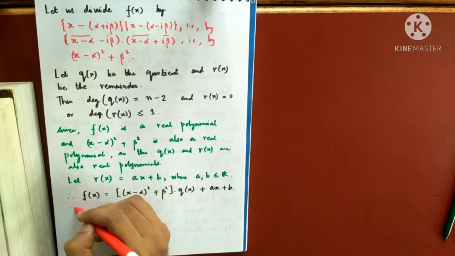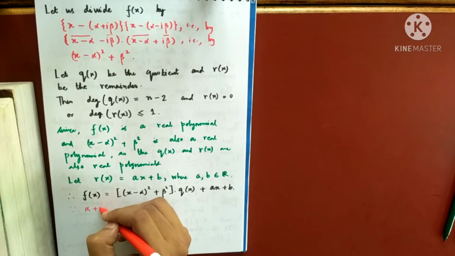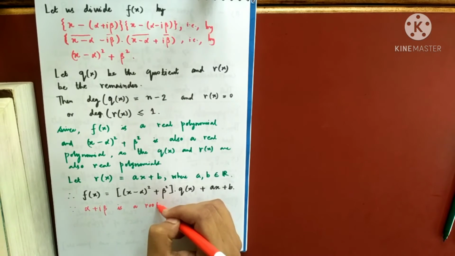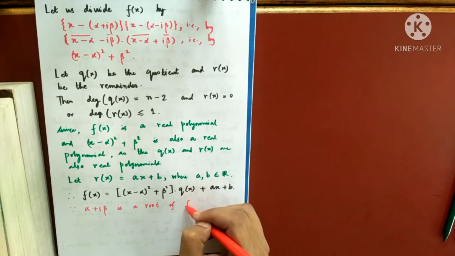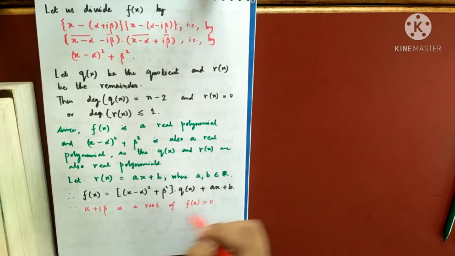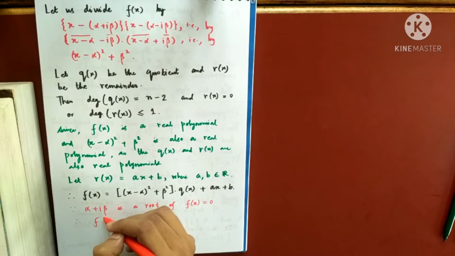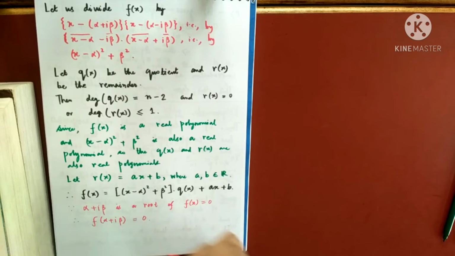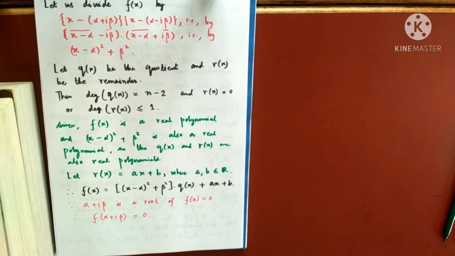Since alpha plus i beta is a root of f(x) equals 0, therefore f of alpha plus i beta will be 0. In place of x, if I put alpha plus i beta, that will make it 0, right?